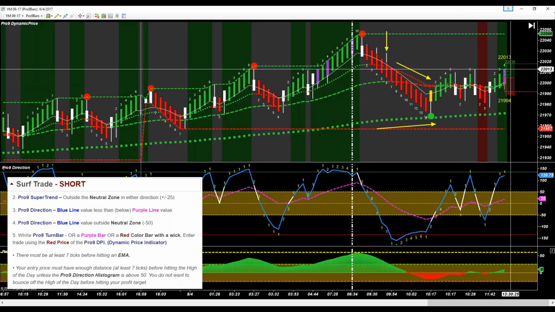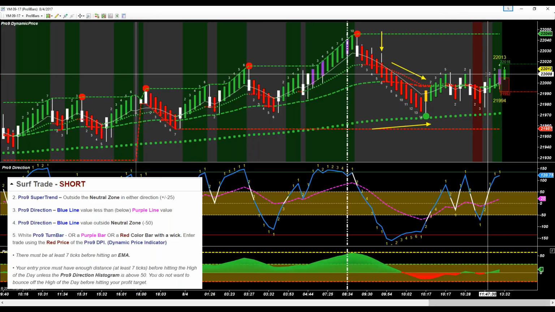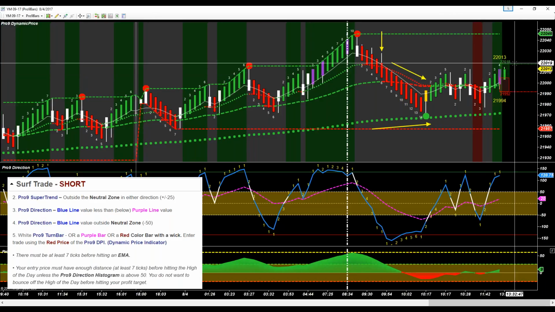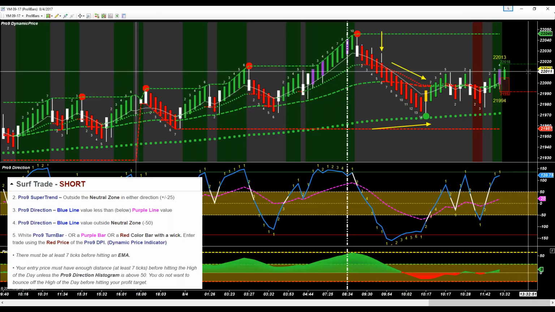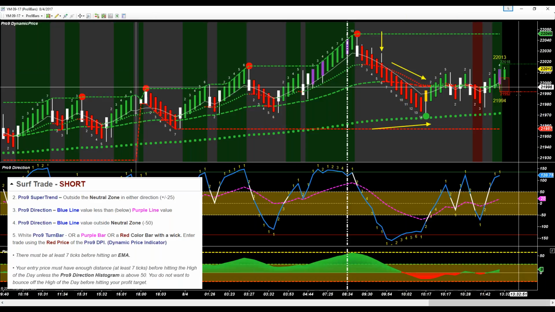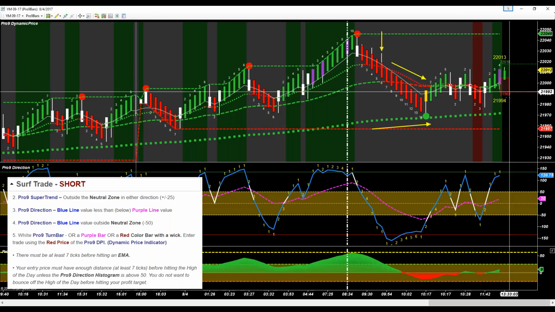So I would definitely wait for this one, see if it goes on without me, and see what happens after that. It could very well plot this bar, and then we can get a turn bar and come back down, and then we're back in chop. Or we were still in chop, it was just a little fake out to give us the illusion that a trend would start again.